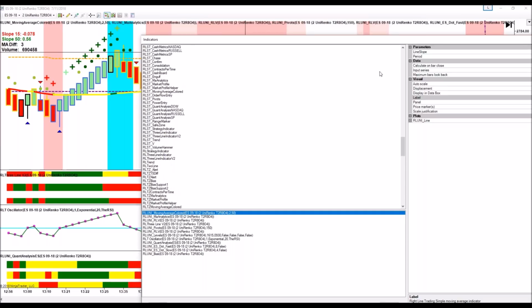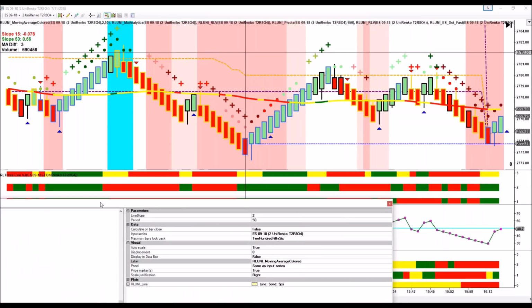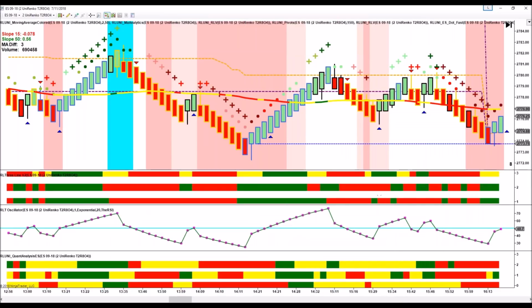This is a full platform, and this is everything there is to trade, with everything trying to confirm everything else. Really what this is trying to do is get you in a trade with institutional participation, and in which there's a multi-time frame alignment and trend of multiple markets.